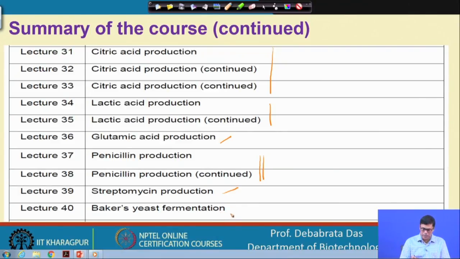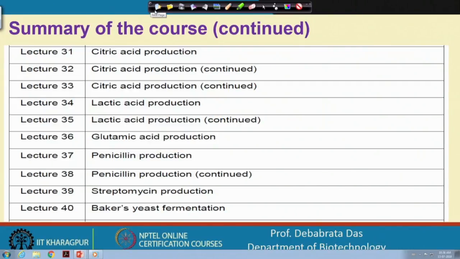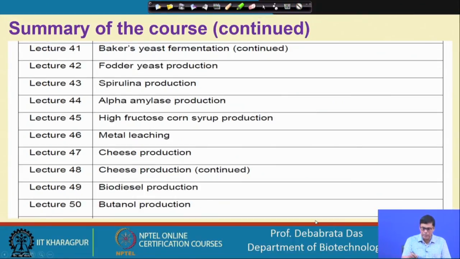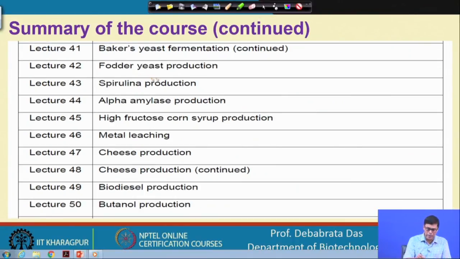Then the Baker's yeast fermentation process I try to discuss, which is largely used in India for the production of different types of bread, and the leavening of bread takes place with the help of Baker's yeast, which is not only used for leavening, but the nutritional quality of the bread also increases to a great extent. And then after that I also discuss fodder yeast.